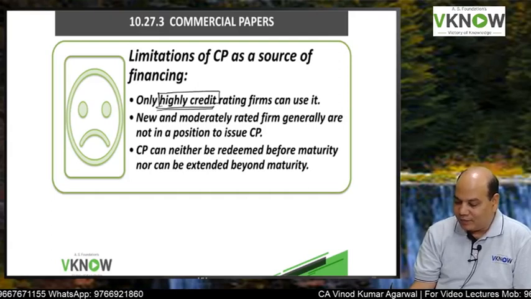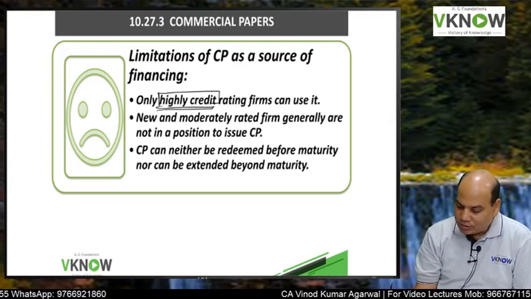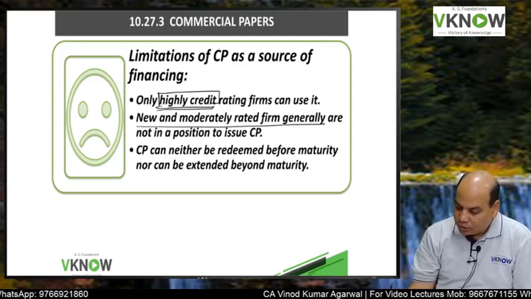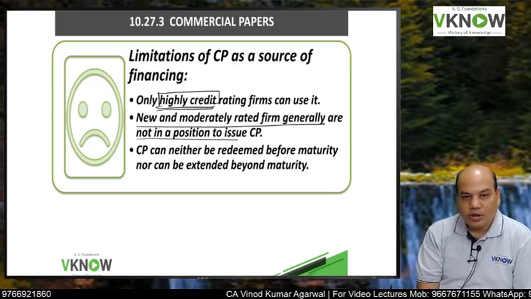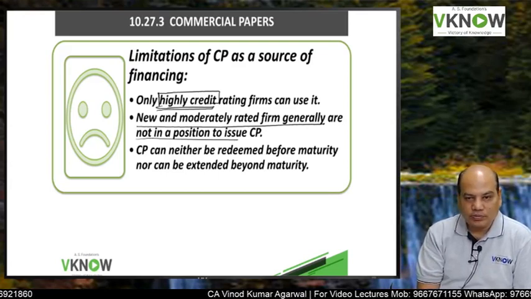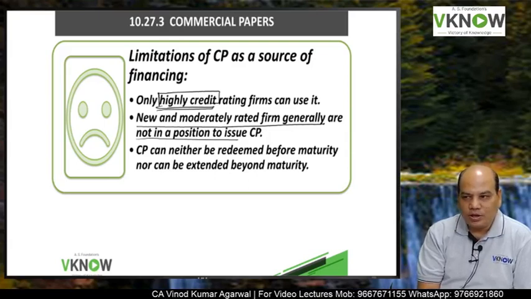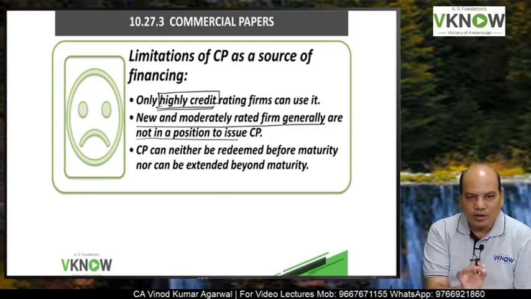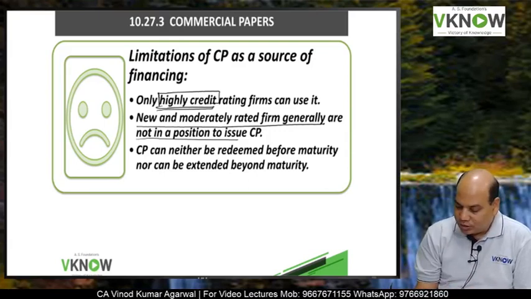Highly credit-rated firms can use it, those who have got a high credit rating. Secondly, new and moderately rated firms cannot raise money through commercial paper. So in India only blue chip companies raise money through commercial paper. Blue chip means highly efficient, profit earning, stable, growth companies.